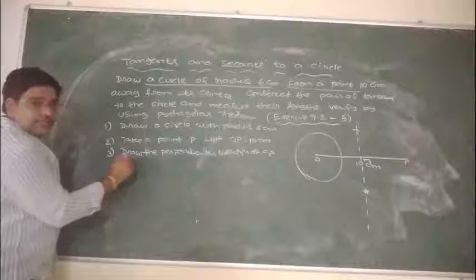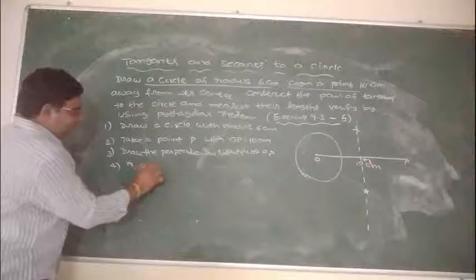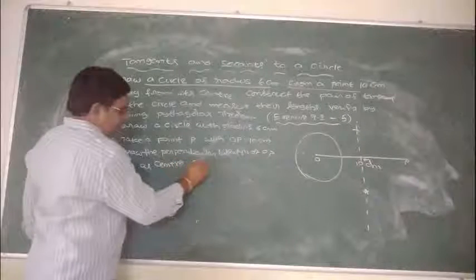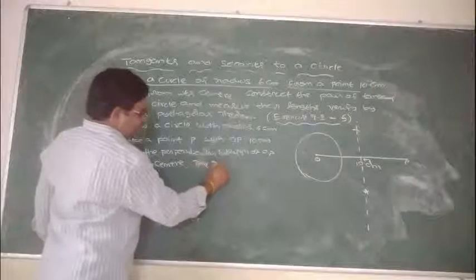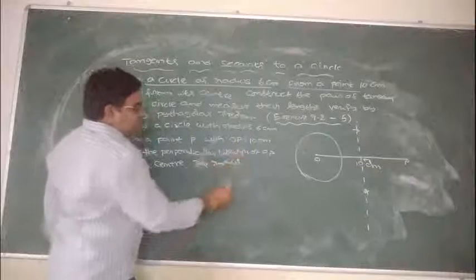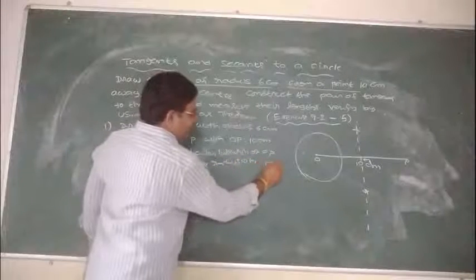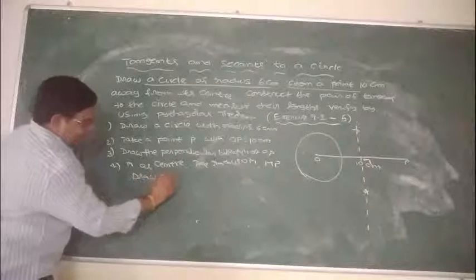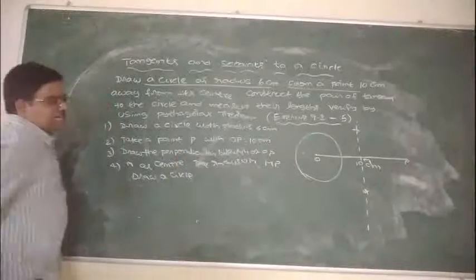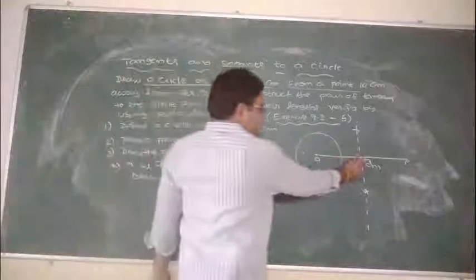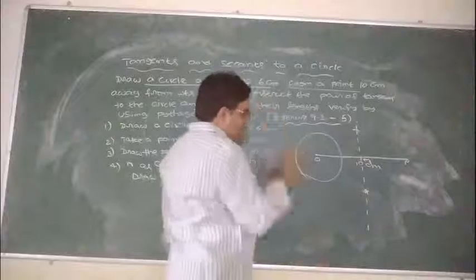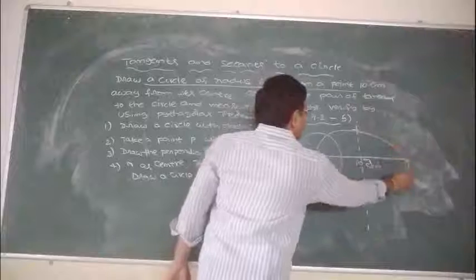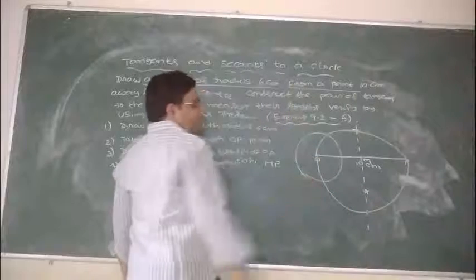Now M as center, take the radius OM or MP and draw a circle. That means with M as center, using the compass, draw one circle. That circle comes in this way.